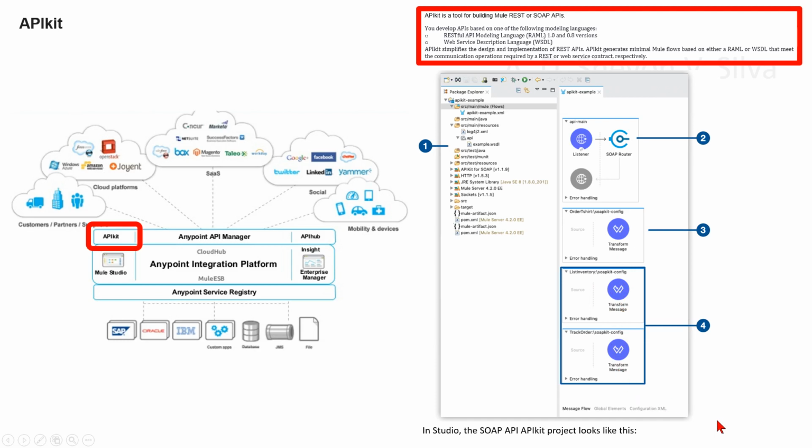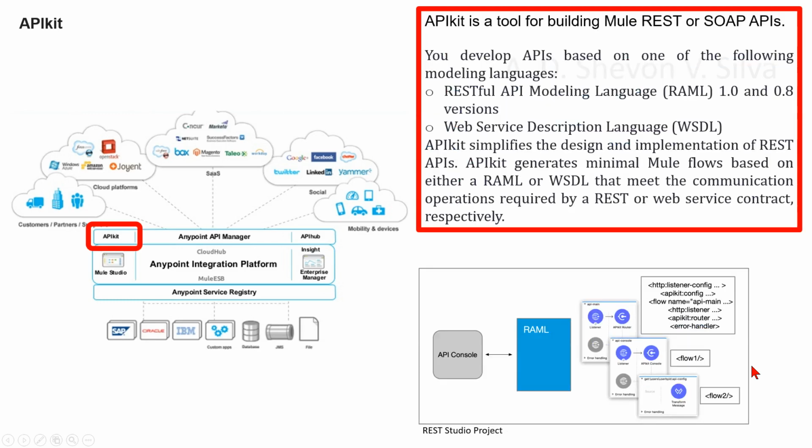After you create your APIkit project, you can continue building the application by performing calls to test the API and finalize its implementation.